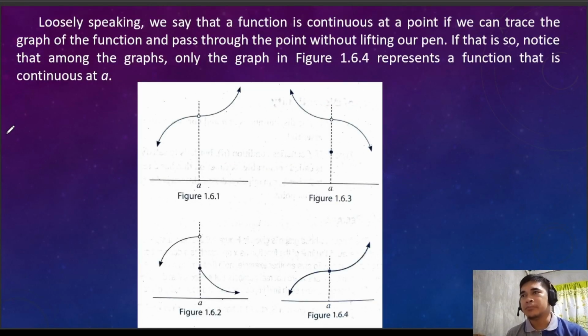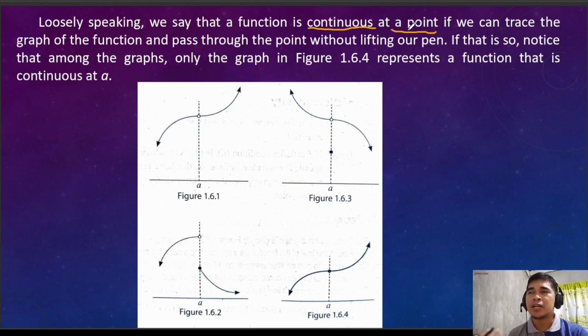So observe from these four figures, figure 1.6.1, figure 1.6.2, figure 1.6.3, and figure 1.6.4. We say that a function is continuous at a point.